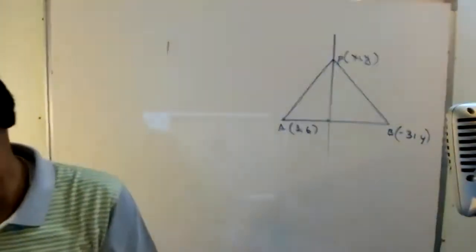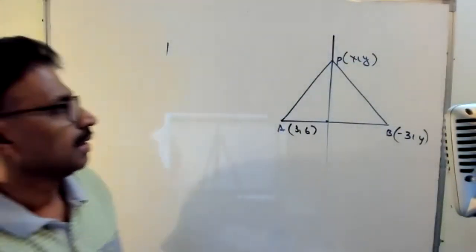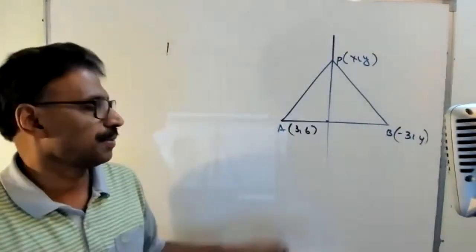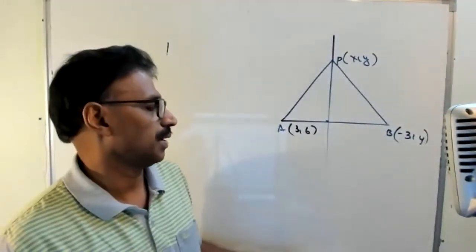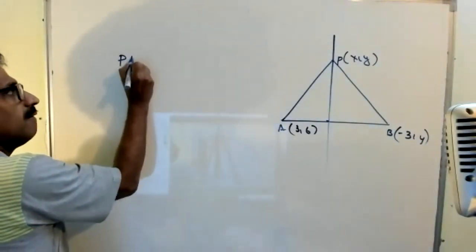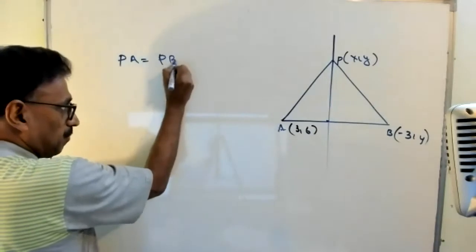Okay, so look at here now. What I did, take a point P on the perpendicular bisector of AB, and we know that PA equals PB.